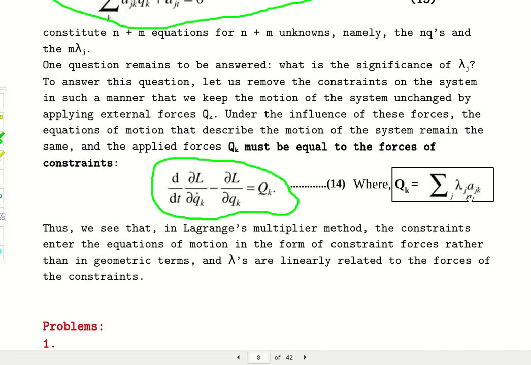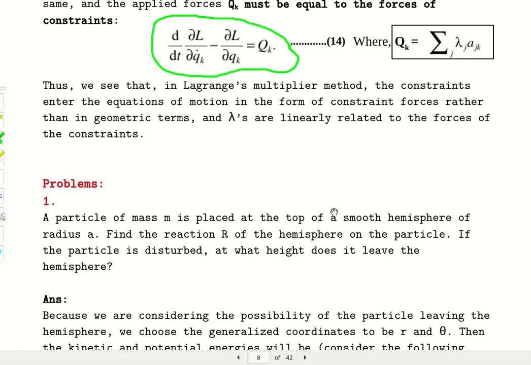Lambda j appears linearly in the equation of Qk. So Qk is the constraint force, because this equation comes from the constraint equation. So Qk will be the generalized constraint force.